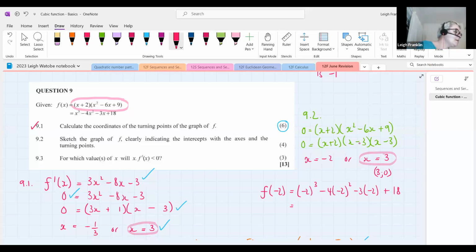Okay, and Lebogang says she got 25. What did the rest of us get? Oh, sorry, it's an x-intercept. Of course you're going to get 0.